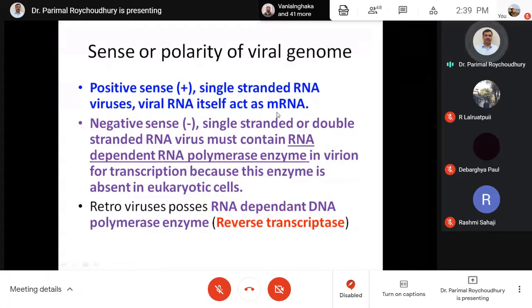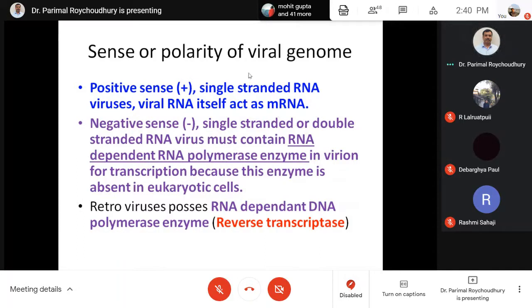Hopefully you understand. In nature, what happens? The DNA carries the genetic information. From the DNA, a messenger RNA is transcribed using the DNA-dependent RNA polymerase, and that messenger RNA carries the genetic code, and on the surface of ribosomes the protein gets translated. That's the normal process, so in all systems transcription is essential.